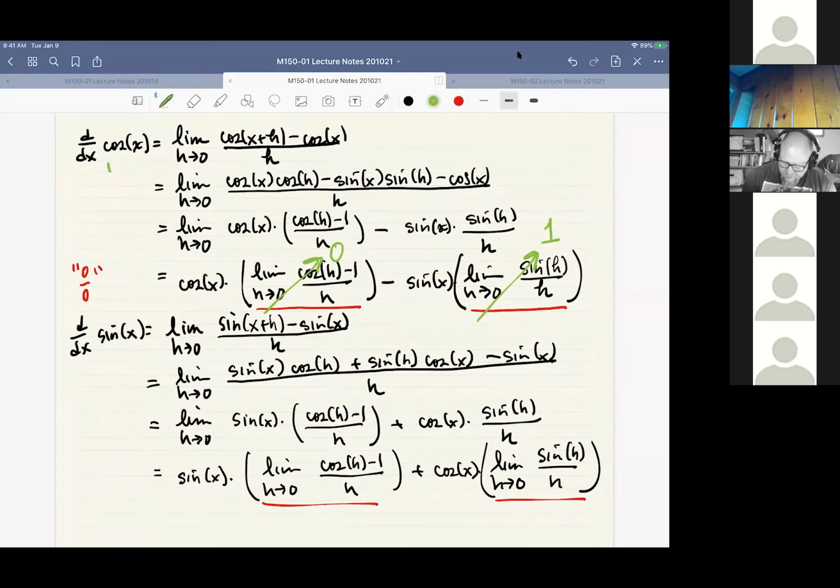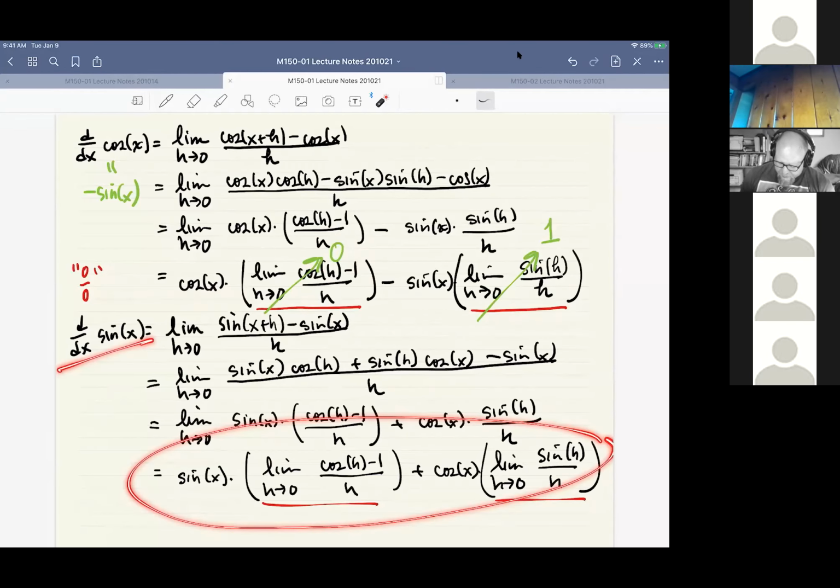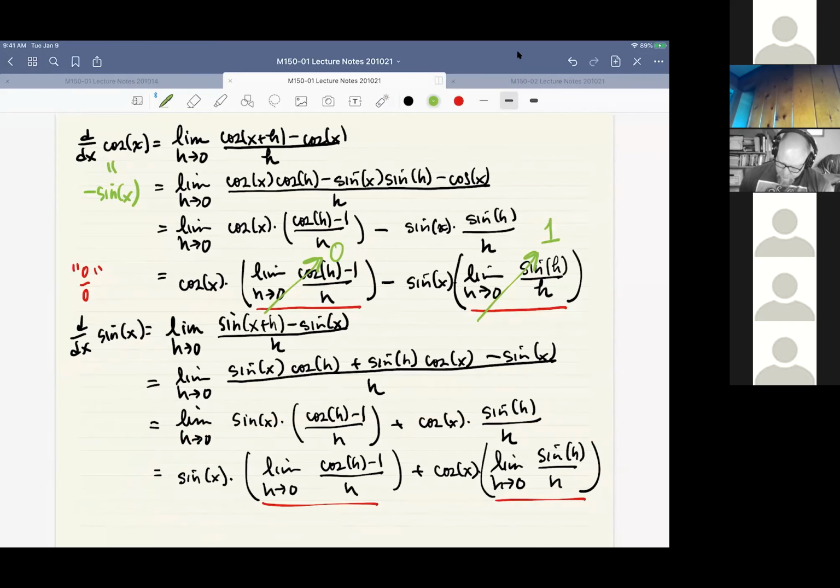So that tells me that the derivative of the cosine is minus sine, because that's all that's left here, after this goes to 0 and that goes to 1. It's minus sine, because that gets annihilated by that 0. So that's really cool. Let's look down here. The derivative of sine. Well, we know this limit goes to 1, and this limit goes to 0. So what am I left with?